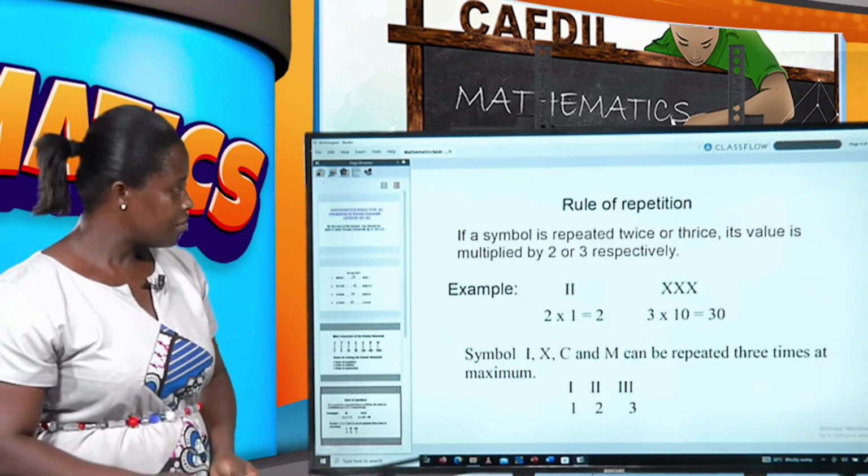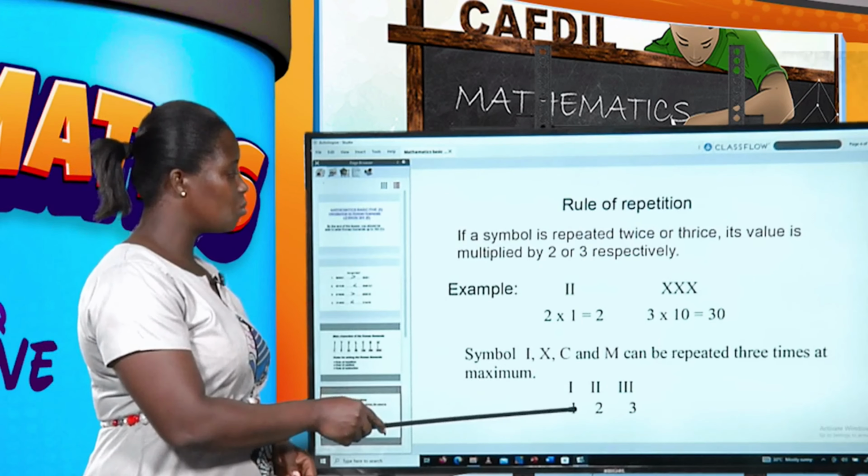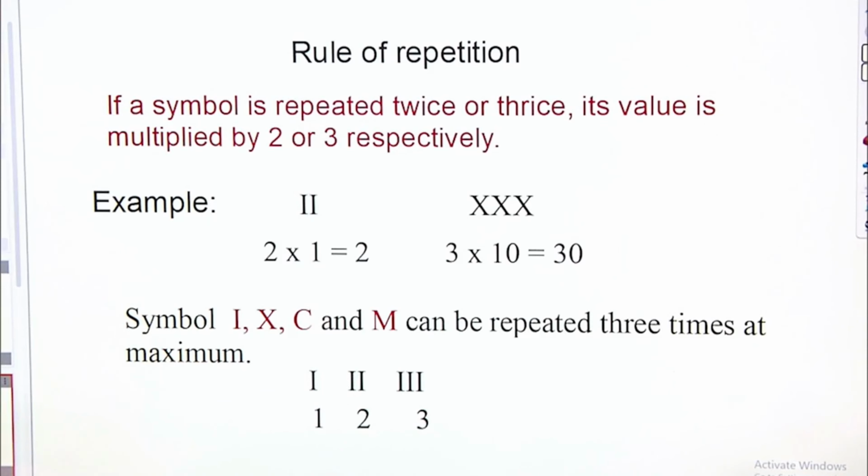Okay. So I have an example here. I is 1. Yes, it is accepted. II is 2. III is 3. What about 4?